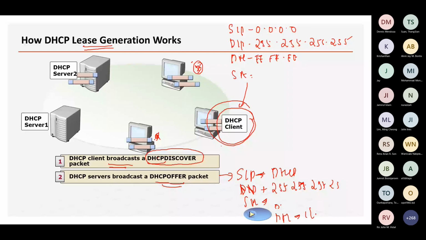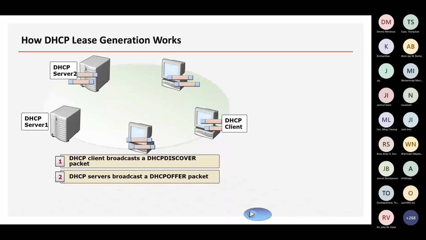Okay. Now let me go to the next packet here. Right now, as you can see, we have received an offer packet here. Is it possible to have a DHCP server HA? Can you rephrase your question, Julius? That means there is an HA option available. Yes, we have an HA option available here.